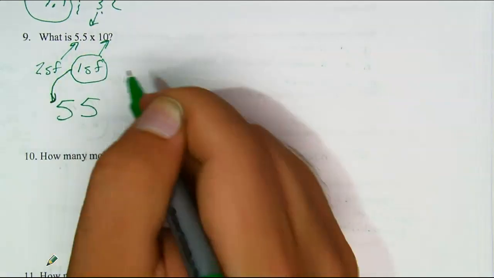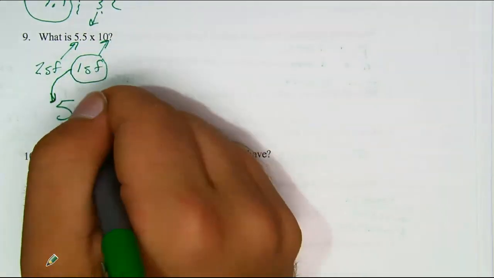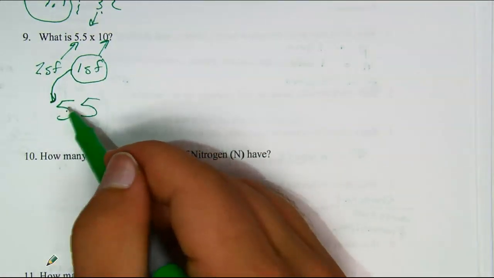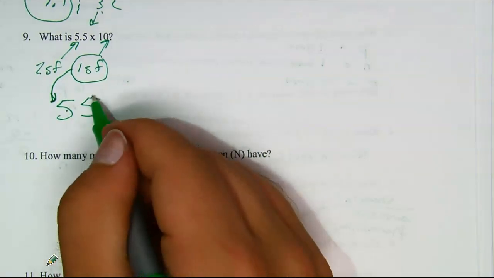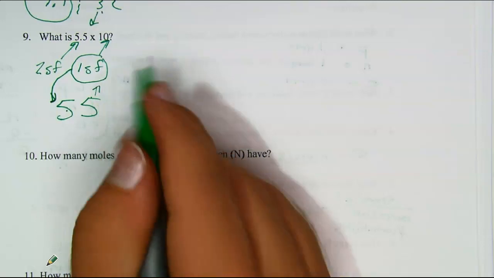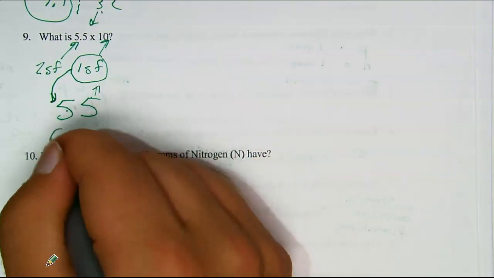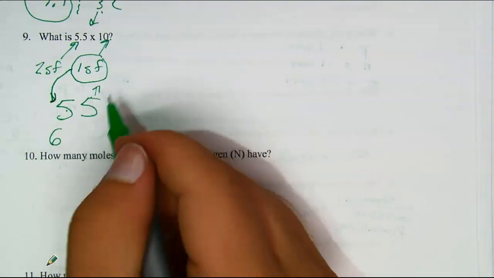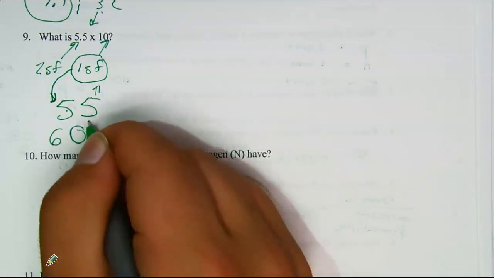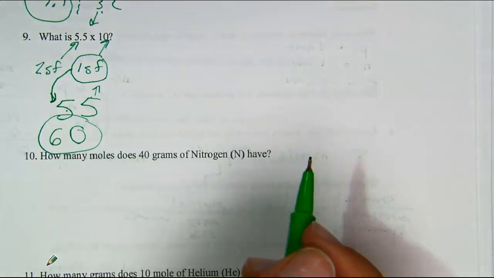So 55, I'm going to try to round this to 1 sig fig. So that 5 counts. This 5, I have to round up or down. I'm going to round up. So that makes that a 6. But then I have this empty space here. I got to fill that empty space with something, so I'm going to fill it with a 0. So your answer is 60.